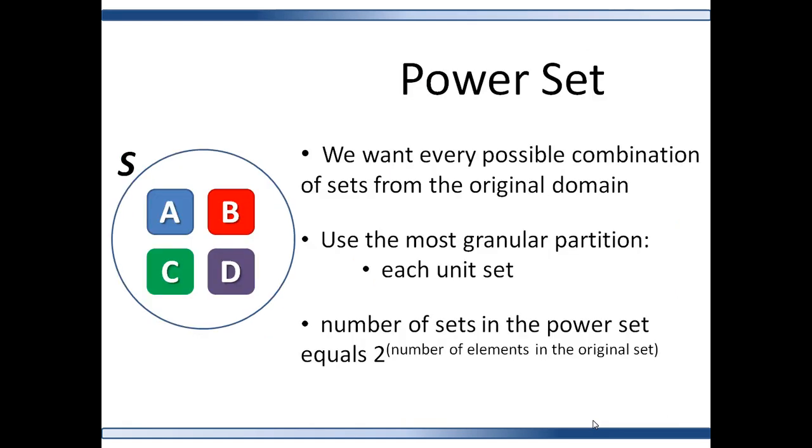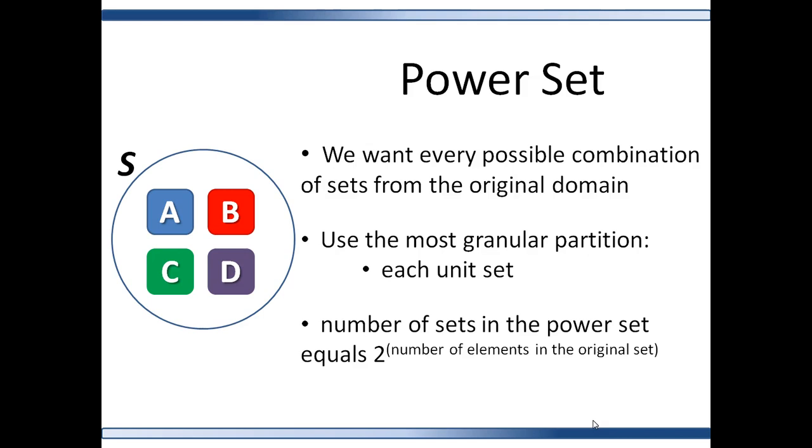So here's another example. We can think of these elements as physicians in a medical home. And this time we want to represent every combination of provider coordination. So we create our sigma algebra based on the most granular partition of the original set.